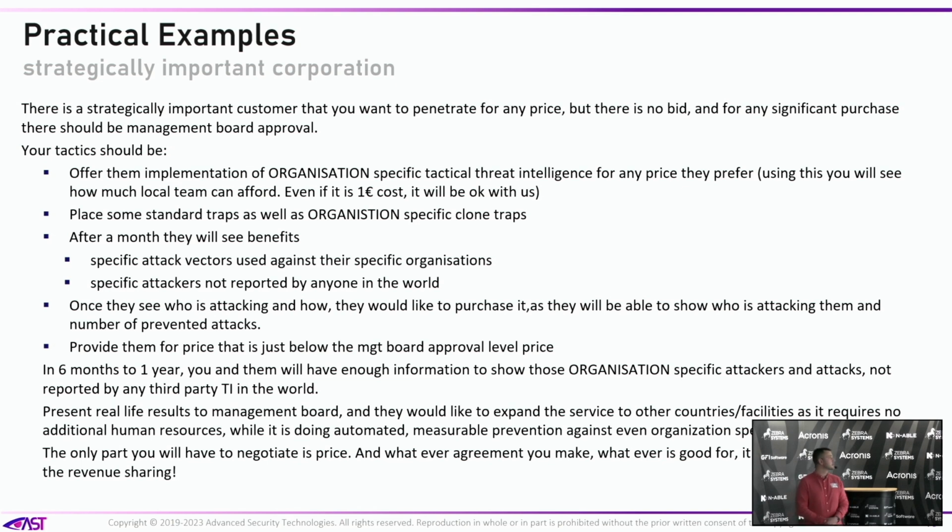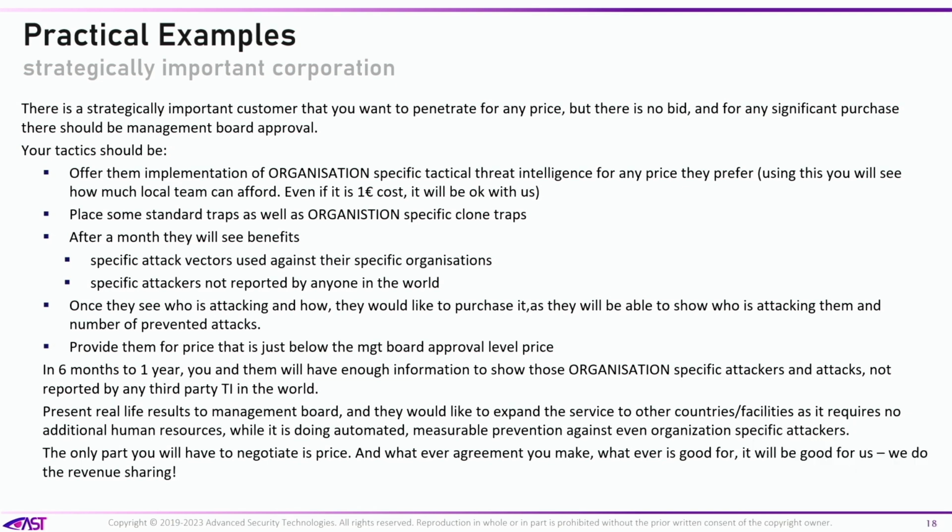Next is a practical example of a strategically important comparison. So they don't have a bid, and it will be strategically smart for you to get them as your client. So what we can do for that organization is offer them implementation of organization-specific tactical threat intelligence for any price they prefer, and place some standard traps as well as organization-specific clone traps.